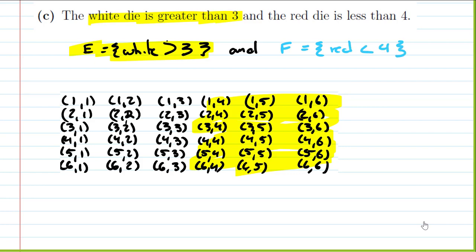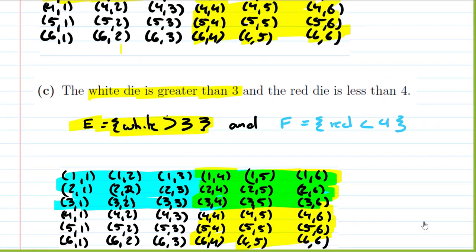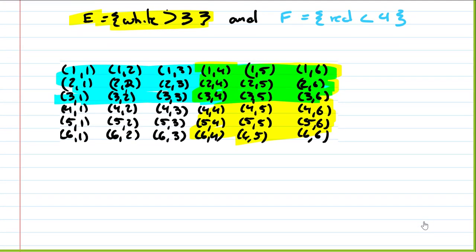And so red is less than 4 is going to be this. So we get the same idea happening, but we'll notice something a little bit different happens this time. So this time we want an AND, which means it needs to be in both sets. So the AND is actually what is in green.